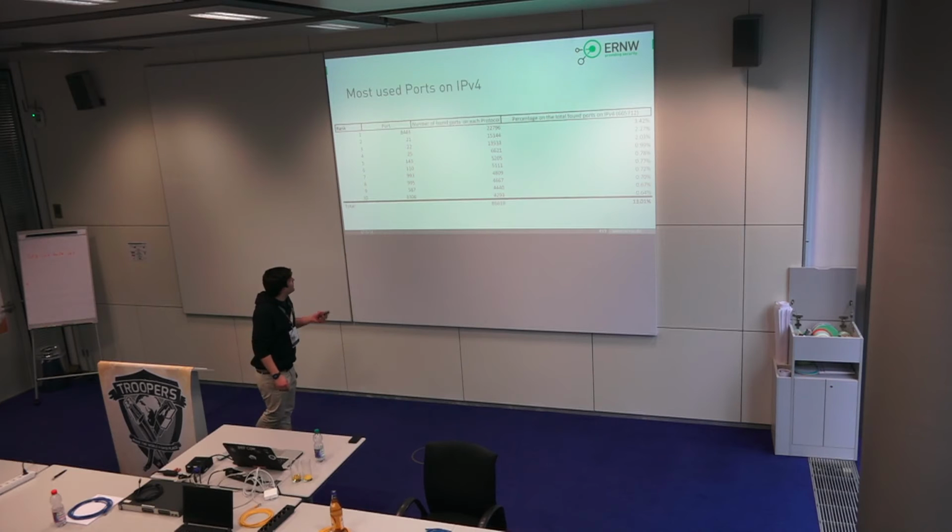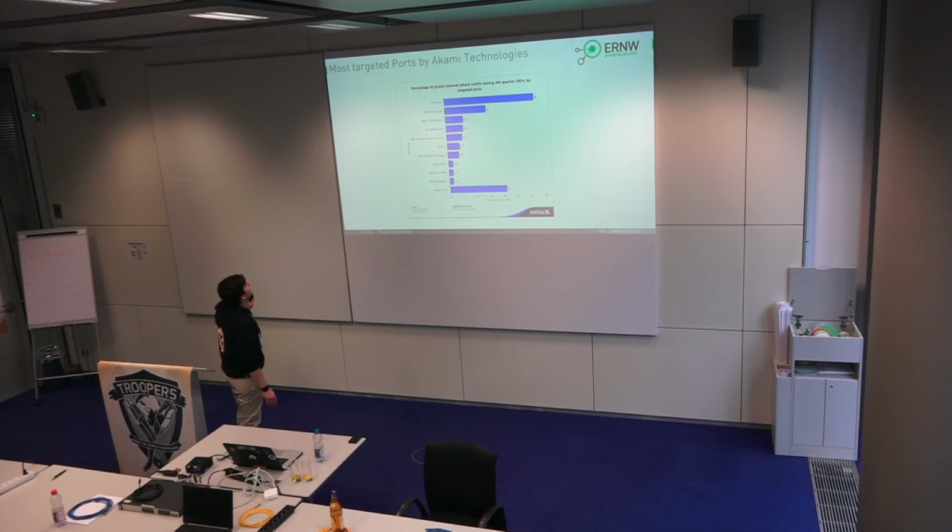After looking at what was most used, I thought it would be interesting to see what is most targeted, right? So I found this really interesting statistic by Akamai Technologies, also a content delivery network.